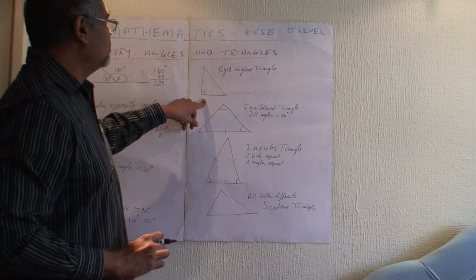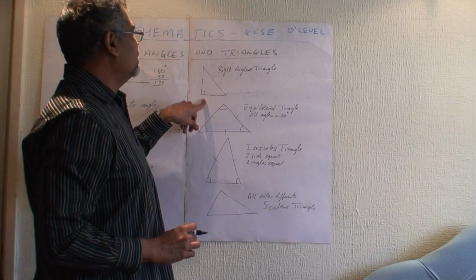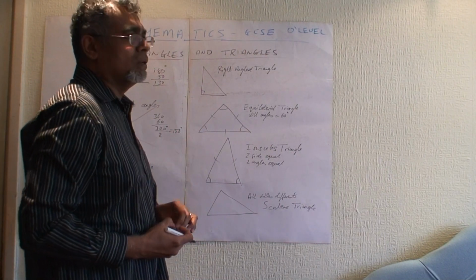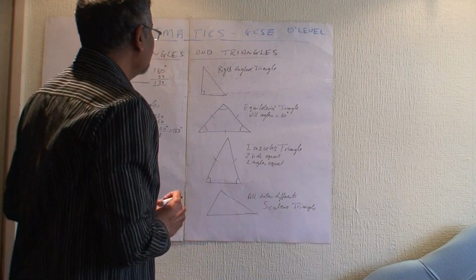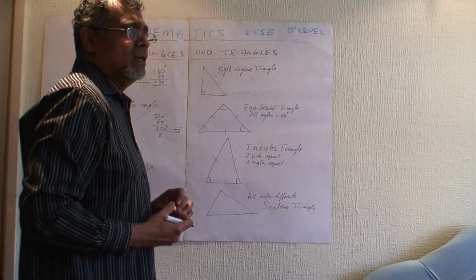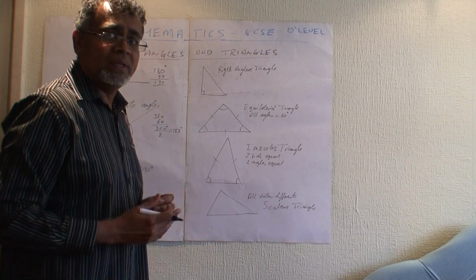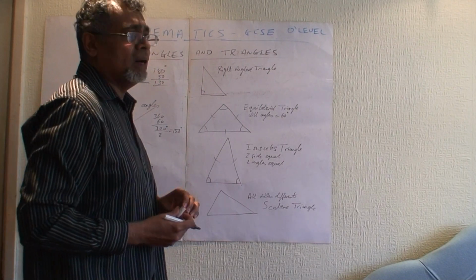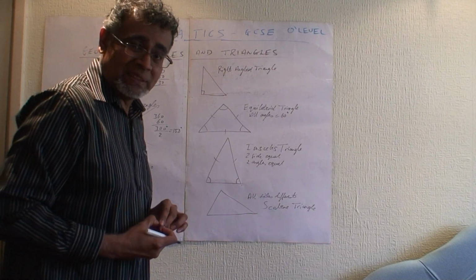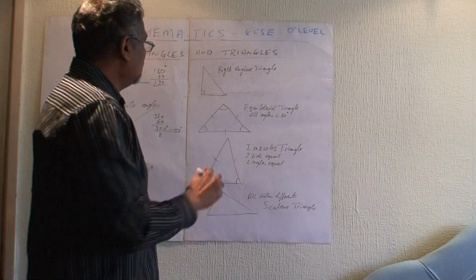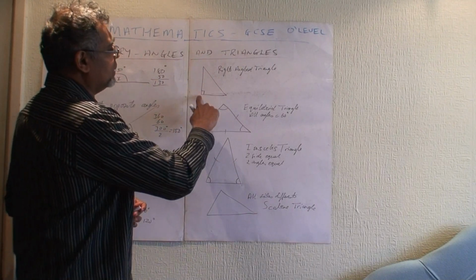Now here we have a triangle called a right angled triangle. The reason why this is a right angled triangle is because one of the angles is equal to 90 degrees, which is this one here, the right angle.